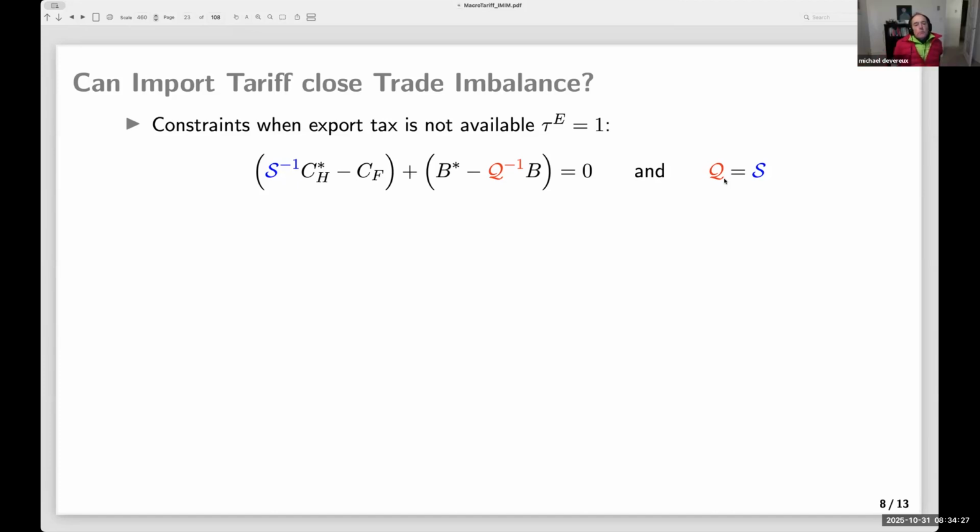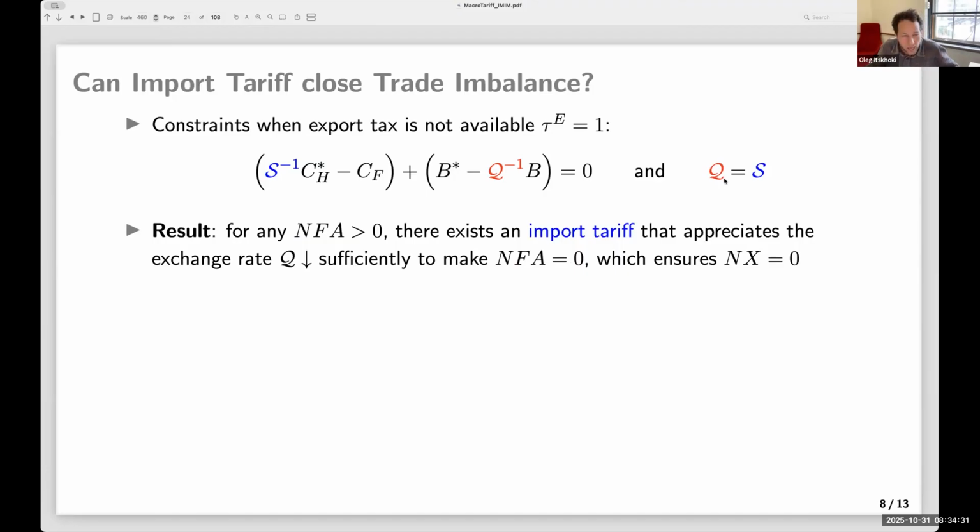So this creates a tension for the planner. And so in terms of closing trade imbalances, the result is that if you start with positive NFA, and this is a little bit of tricky territory, right? But this is the assumption we're going to make. We don't have to. You can characterize different cases.